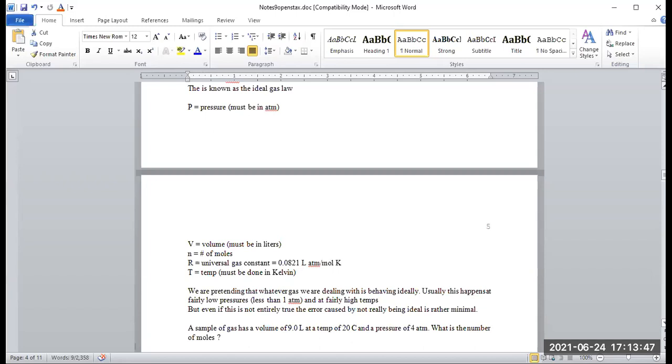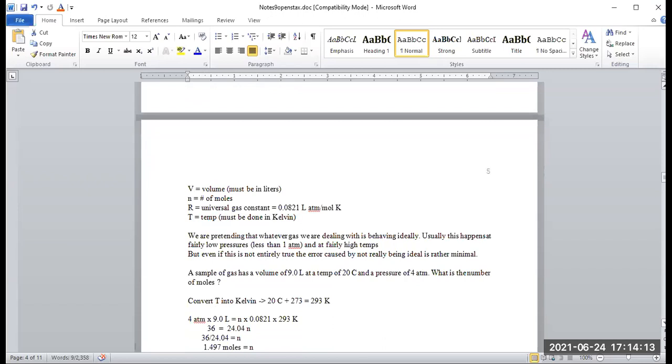Because the top of the unit is liters times atmospheres. The bottom of the unit is moles times Kelvin, which then means my temperature has to be done in Kelvin. But we did say already that for gas laws, all of the equations are done in Kelvin.